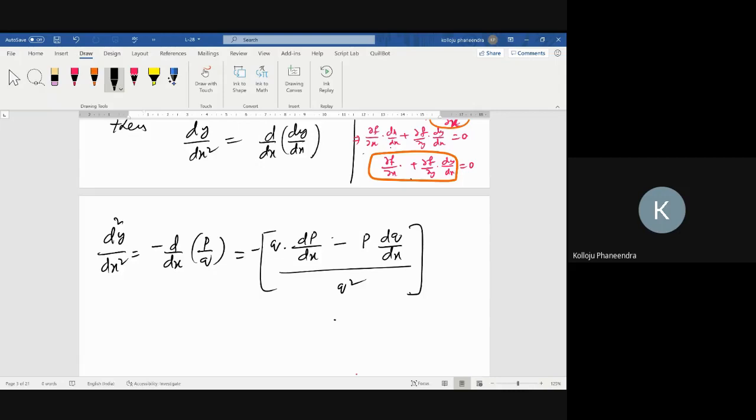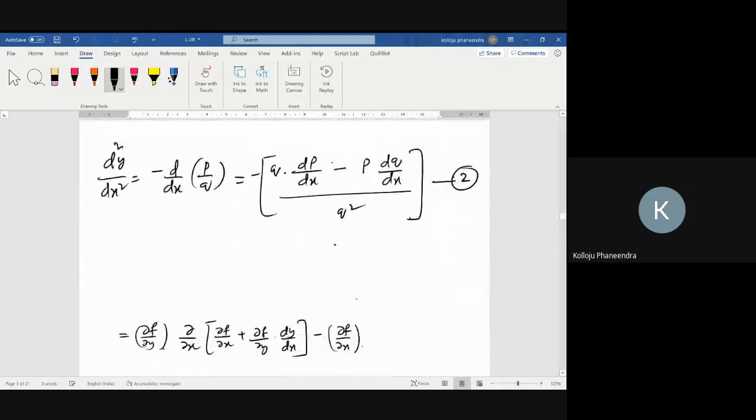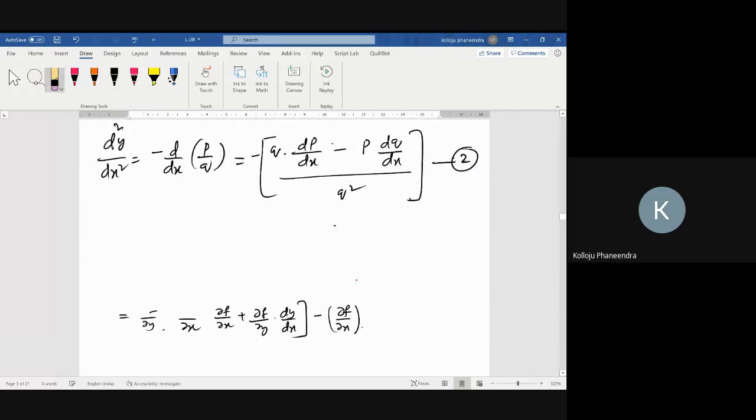Now let us take this as equation 2. Equation 1 is there already. So I have to calculate dp by dx and dq by dx.